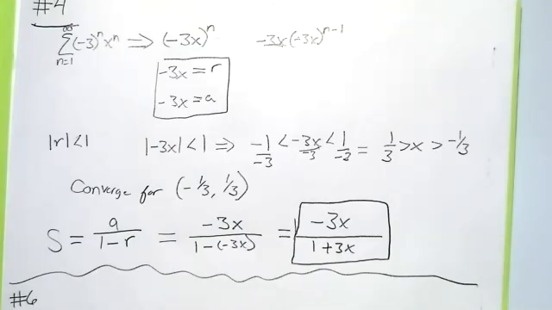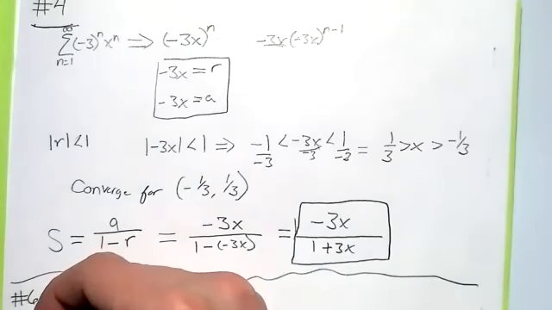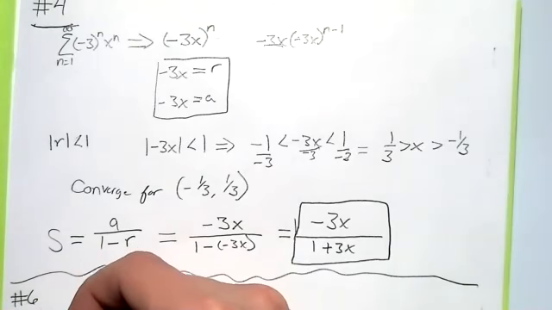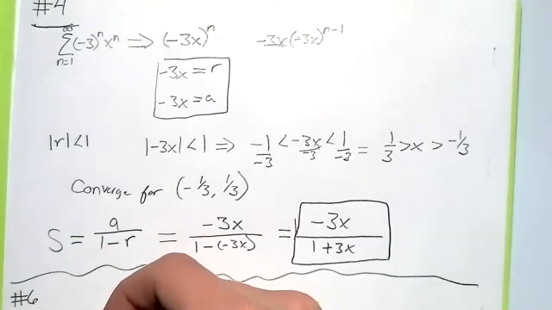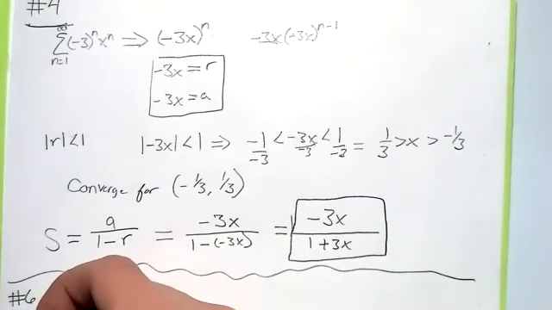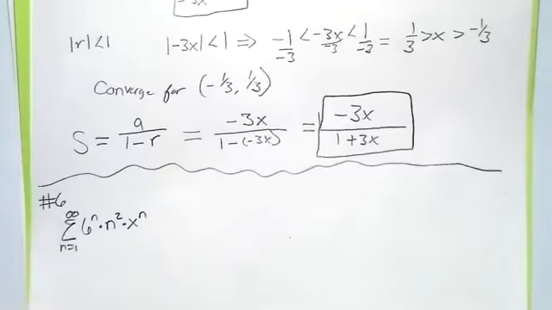Now you're going to see it's going to involve a little bit more work. So we look at our summation: the summation of 6 to the n times n squared times x to the n, with n equals 1 to infinity. Sorry, I'm off the screen.